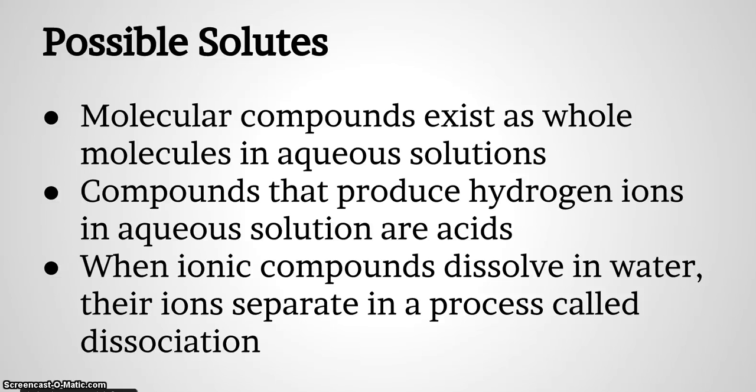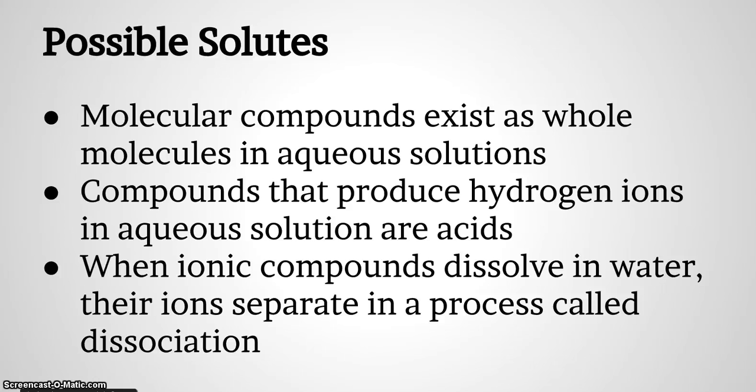Some possible solutes when you are looking at these double replacement reactions. Molecular compounds exist as whole molecules, okay, so we don't break them apart into ions because there are no ions. Compounds that produce hydrogen ions in aqueous solution are called acids, so sometimes we see hydrogen acting like a cation. And when ionic compounds dissolve in water, their ions separate in a process called dissociation, and we've seen that.